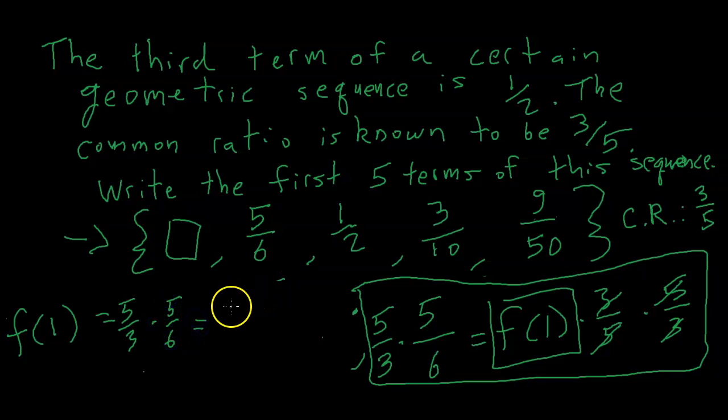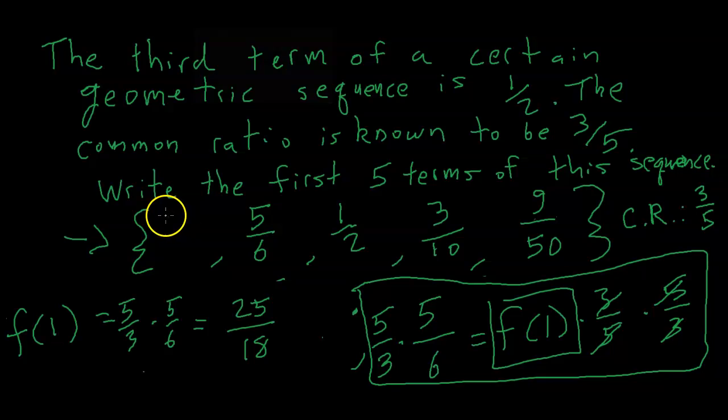We know how to multiply fractions. 5 times 5 gets our numerator, 25, over 3 times 6, which gets our denominator, 18. So our first term is 25/18. And there we have it. We can fill out the entire geometric sequence as long as we know one of the terms and the common ratio.